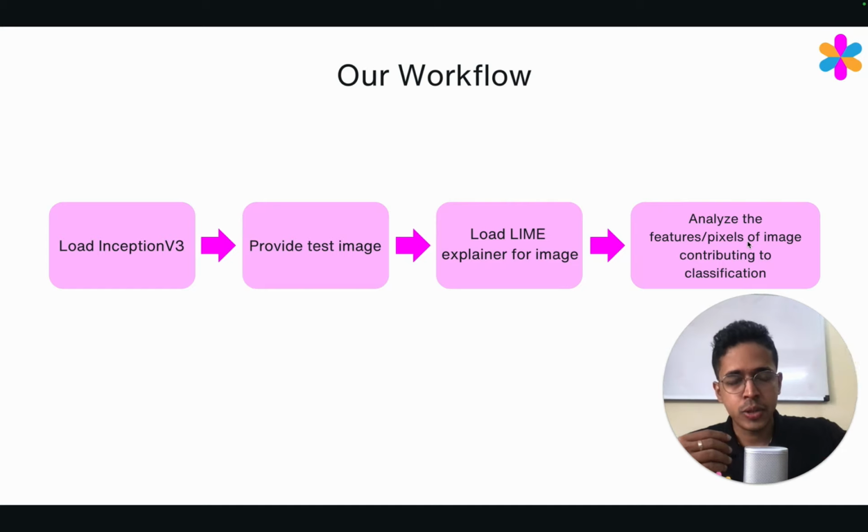These individual islands are the features. So we'll be looking at which features, or which groups of pixels in the images, are contributing to the classification. We'll be programming on Google Colab, and I'll be sharing the link to the Colab notebook with you. Initially you can just follow along with me, and later you can try it out yourself.